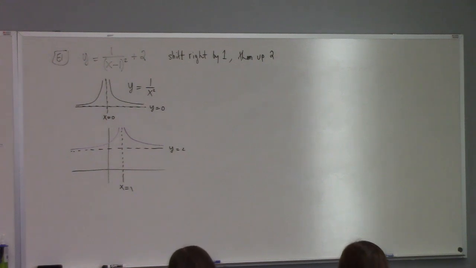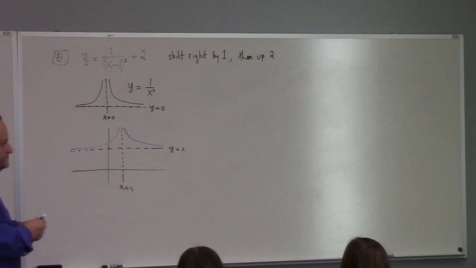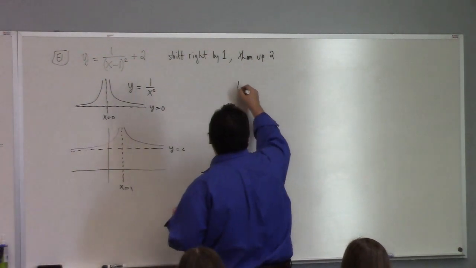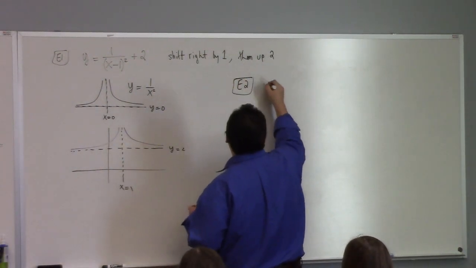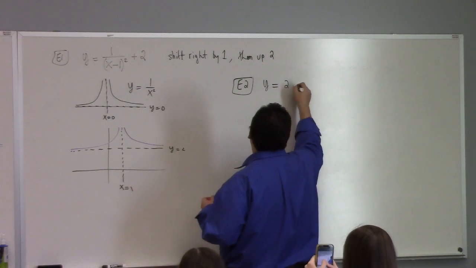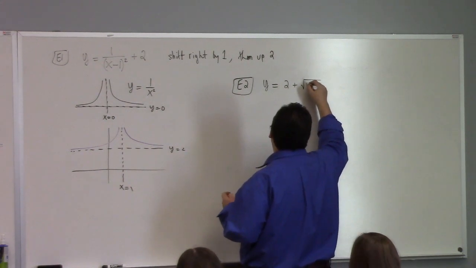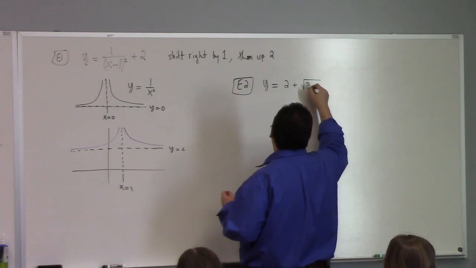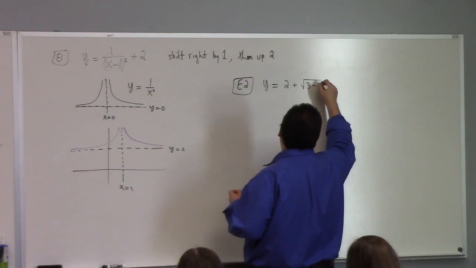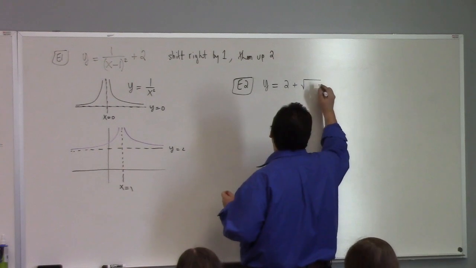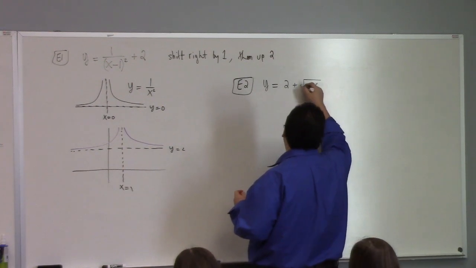Let me do another. Example 2. Suppose you want to graph 2 plus the square root of minus x.